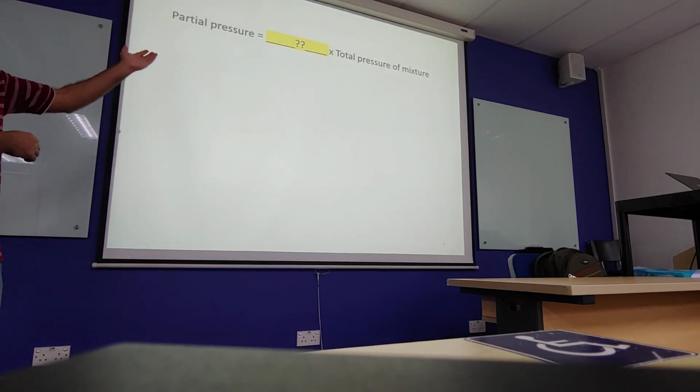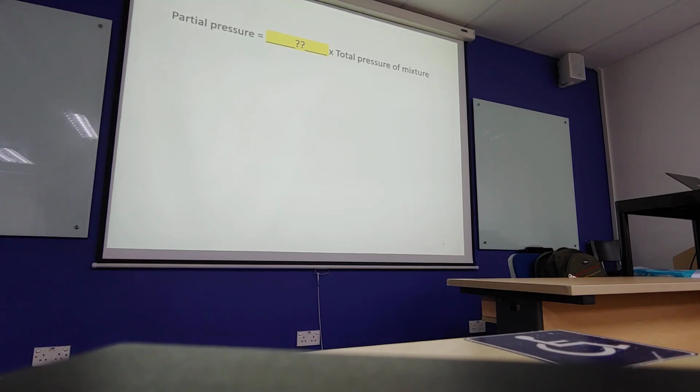So what should be that blank? It should be the number of that particular particles in the total. So it should be some kind of a fraction. That blank should be a fraction. What fraction would it be? How much mass of a certain substance is in the total mixture?